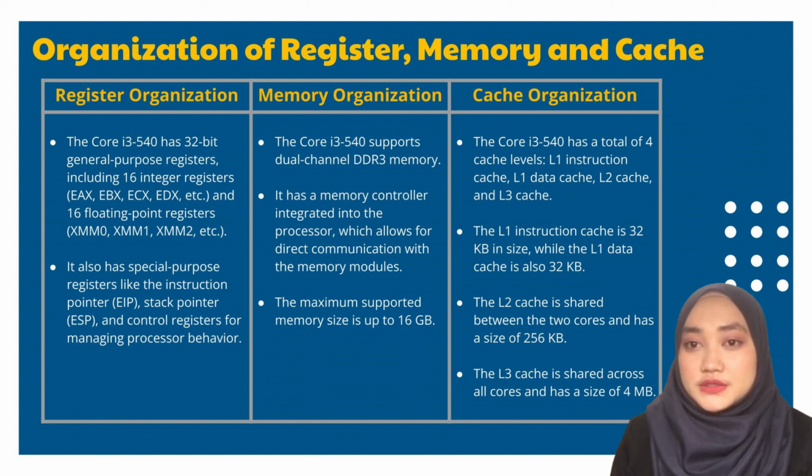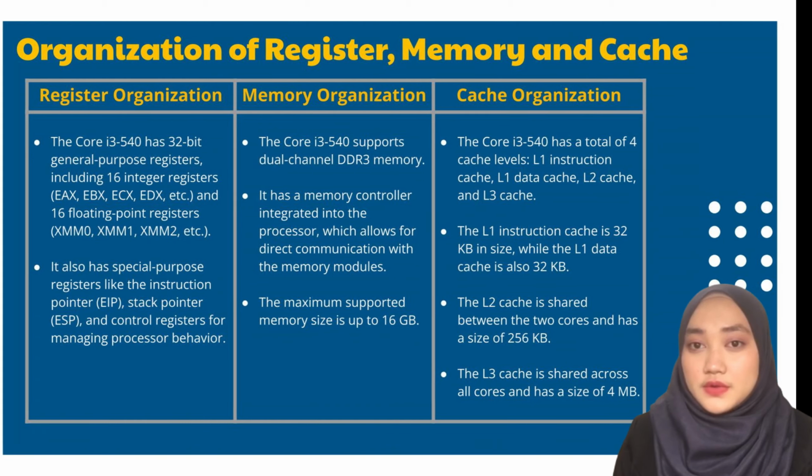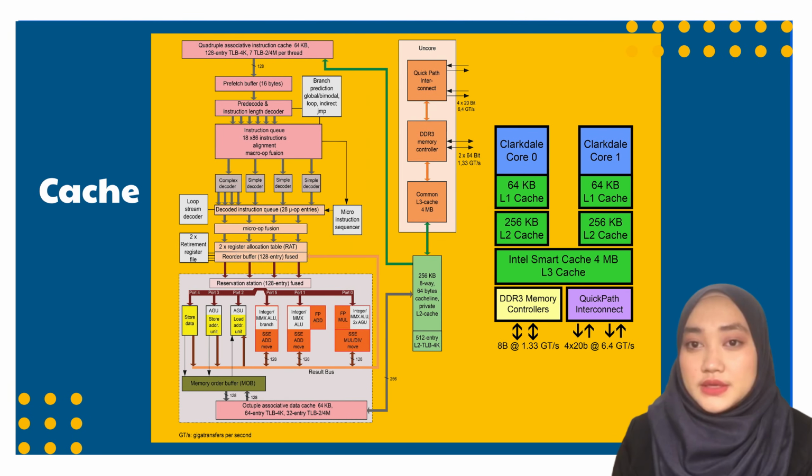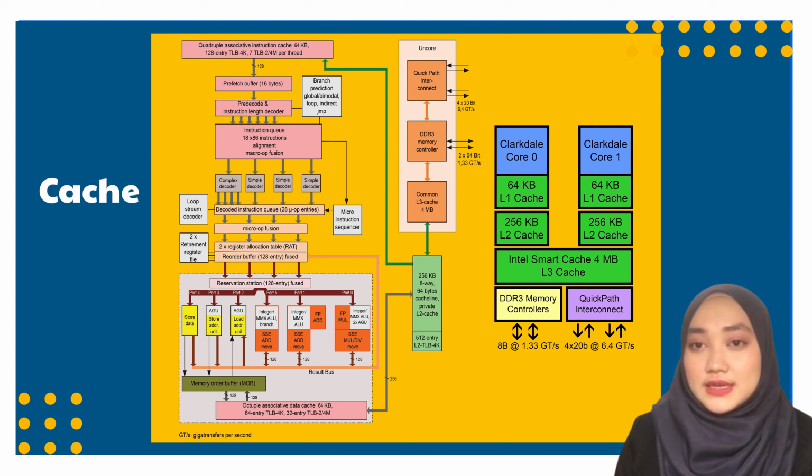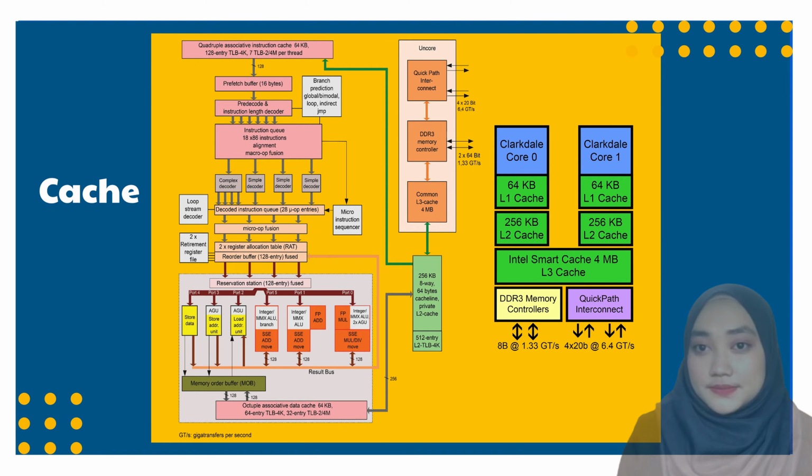In terms of cache organization, the CPU integrates multiple levels of cache, including L1 cache for instruction and data, L2 cache for enhanced performance, and a shared L3 cache for improved efficiency and data access. The memory subsystem supports DDR3 memory technology, allowing for faster data transfer rate and increased overall system performance.